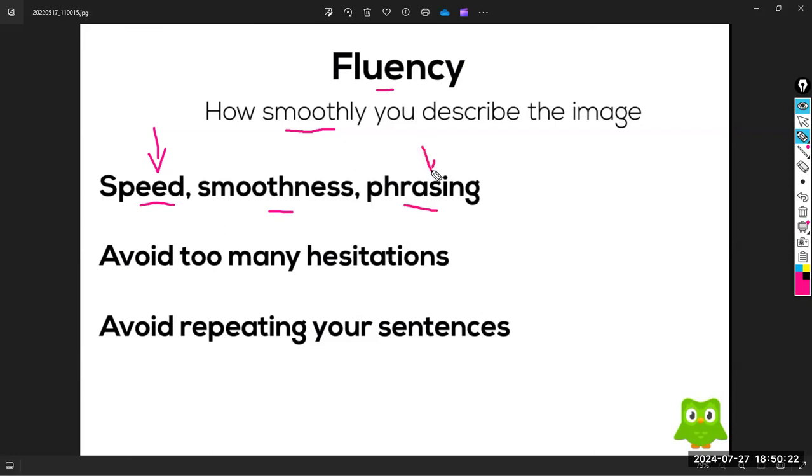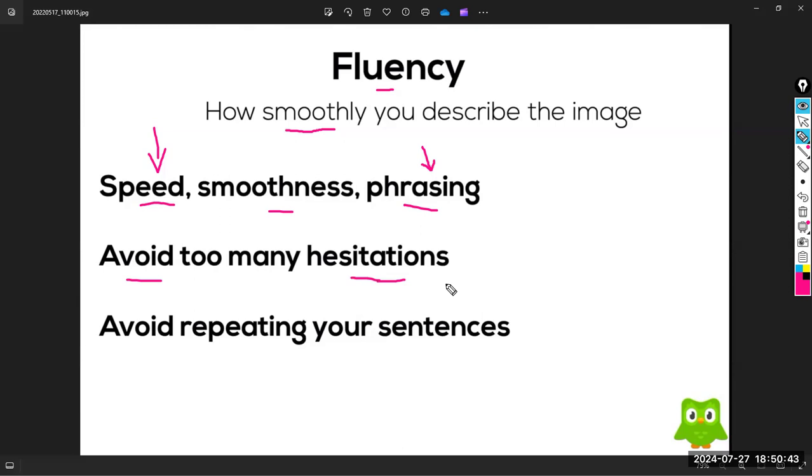Phrasing absolutely is really important because you have to use a variety of sentences. Avoid using the simple sentence all the time. And absolutely, I have to avoid hesitating. Don't hesitate. This is extremely important. The meaning of hesitation is maybe repeating the same letter more than once. For example, now let's imagine that I want to describe an image.